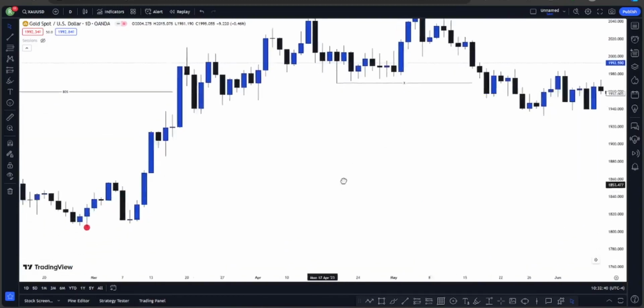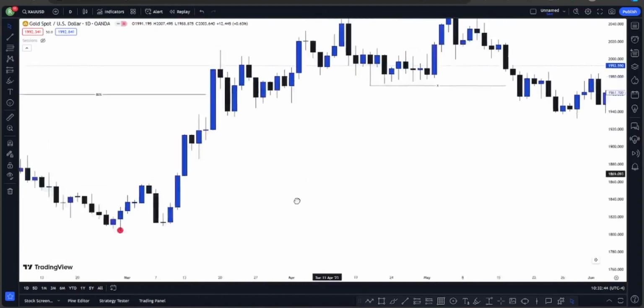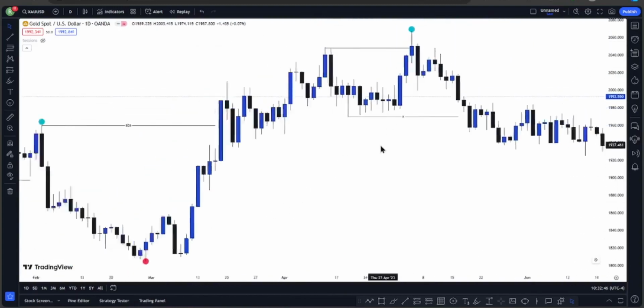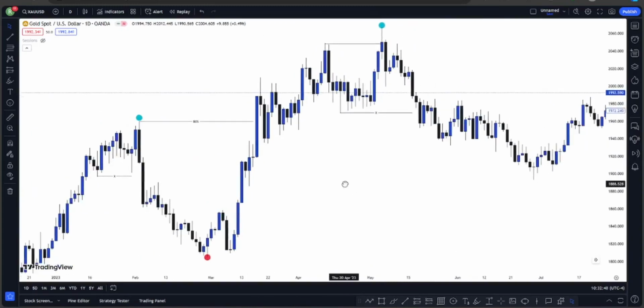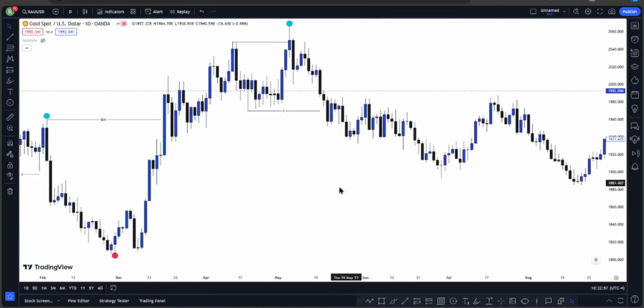Now remember, our last lower high is still here. Our last higher low is still here before this higher high. So if price comes back down to take out this major structure low here, then we will have a shift of market structure from this bullish structure to bearish structure.